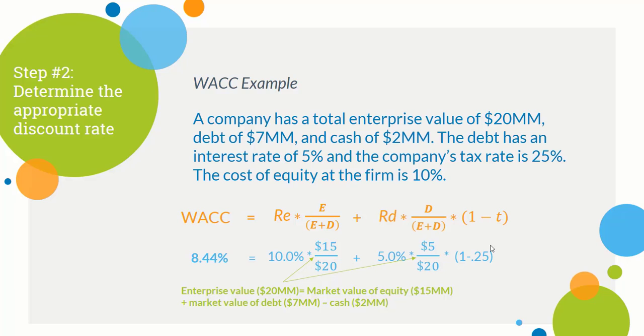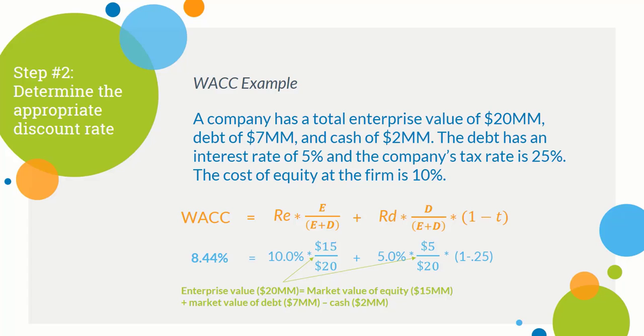Next, we multiply it by 1 minus the tax rate, and the tax rate is 25%. And after we take all of that and add it to this right here, we get 8.44%. So that is the weighted average cost of capital at this firm. Or in other words, that is the discount rate at this company. So that's an example of how we'd calculate the weighted average cost of capital.